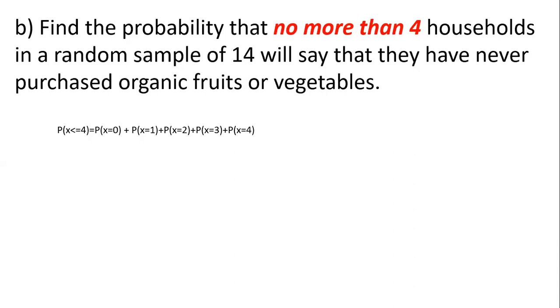Now, when we say no more than 4, this means less than or equal to 4, which means that we need to add the probabilities for 0, 1, 2, 3, and 4. Now, these are, as you can see, 5 times writing the formula for binomial distribution and adding the numbers. How can the calculator help us do this faster?